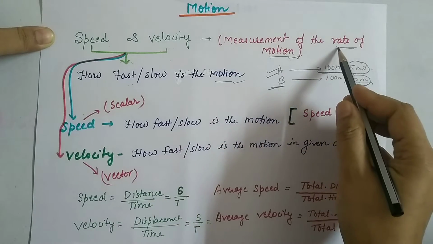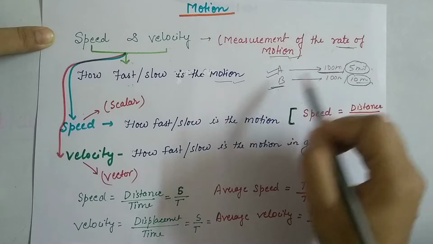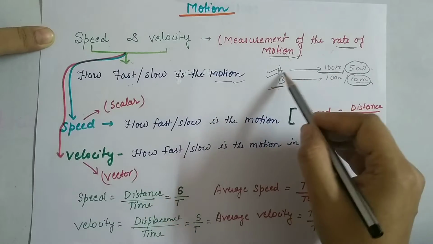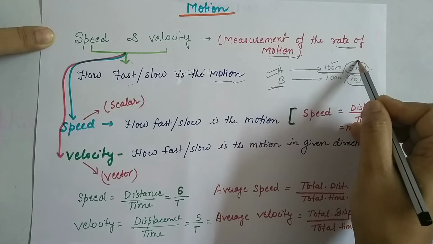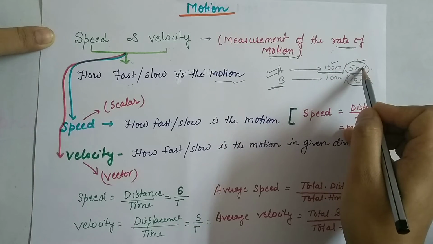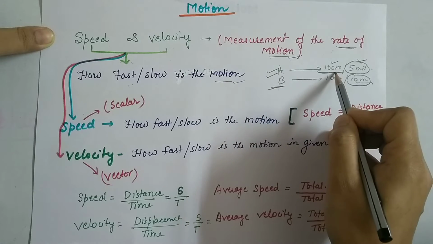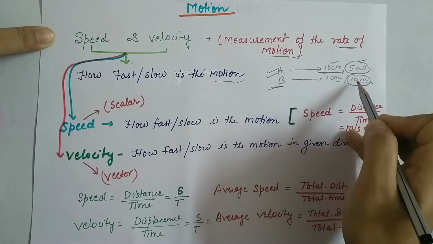It shows the rate of motion, meaning in how much time the distance is covered. It's very important. Here we include both things, distance as well as time. A covers 100 meters in 5 minutes and B covers the same distance in 10 minutes.